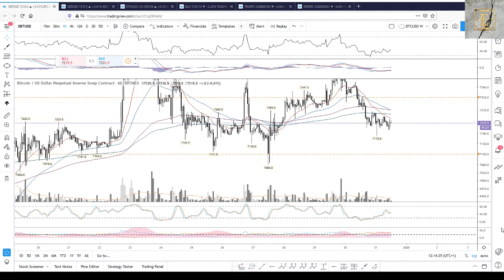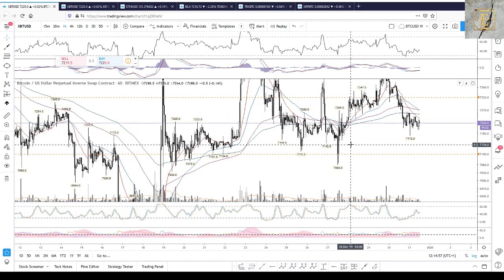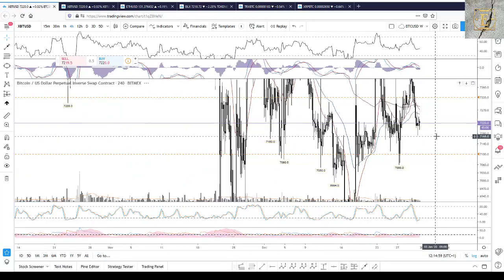I got a question: can you consider a 4-hour candle closing below as a break of a trend line on a higher time frame, for example daily? This is a very good question. This is difficult to answer. It could be, but you need to look for more signs.